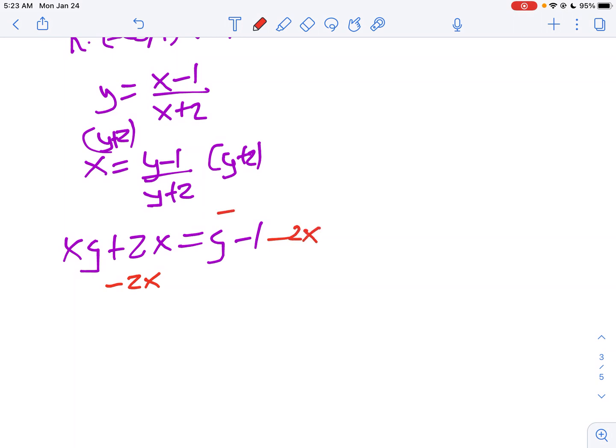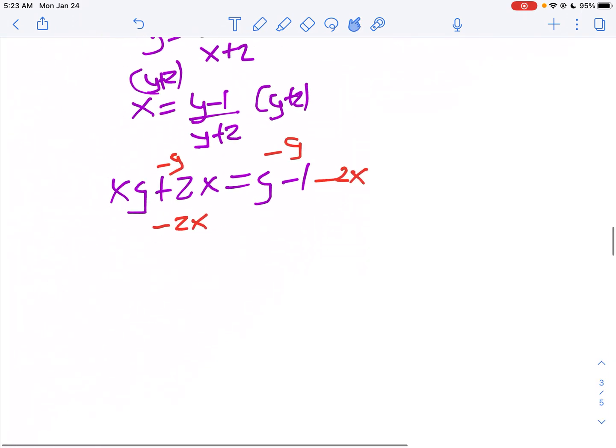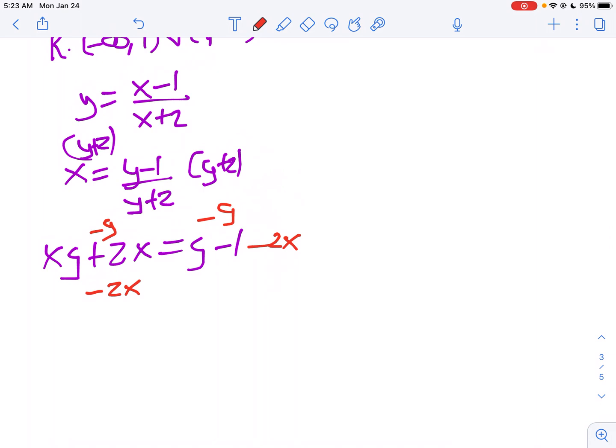At the same time, I'll subtract y from both sides. So then I'm going to get xy. Whoa! Sorry about that. I wanted a different color, but there we go. So I'm going to get xy minus y equals negative 1 minus 2x.